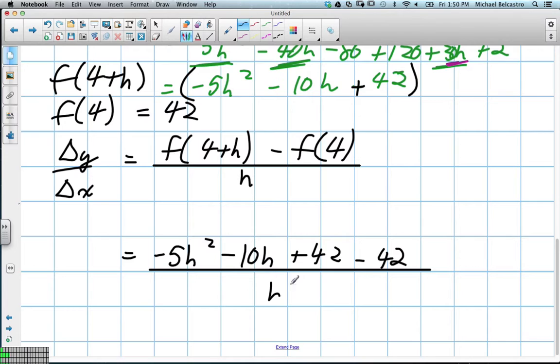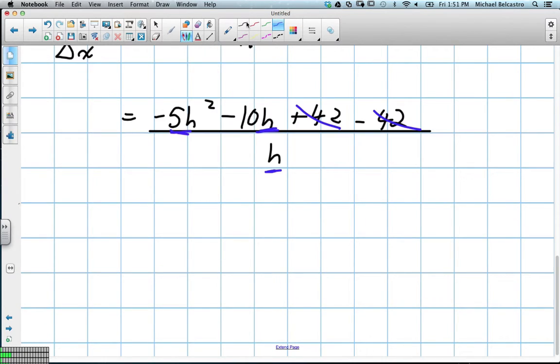I knew I'd made an error before because the goal here is we need to be able to cancel out these constant terms. When these constant terms are 0, I can take a common factor of h out, which will allow me to eliminate that h. We can take out h, leaving negative 5 times h plus 2, all over h. We can eliminate our two h's.